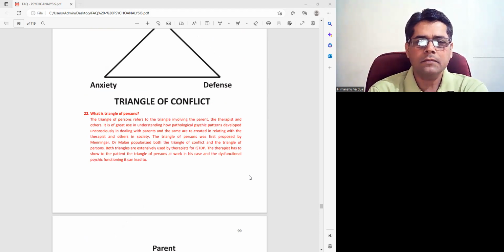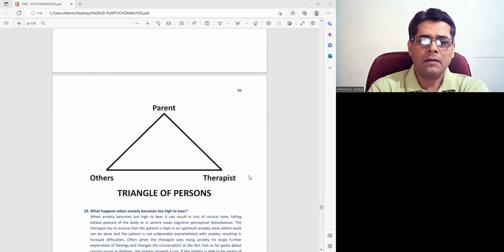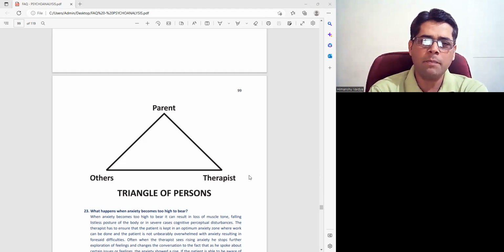And what happens in this triangle is the feelings towards the parent or others are transferred onto the therapist. And therefore, if you wish, you can create another triangle of the patient, the parent, and the therapist, or the patient and the other and the therapist. In this triangle, the transference happens.